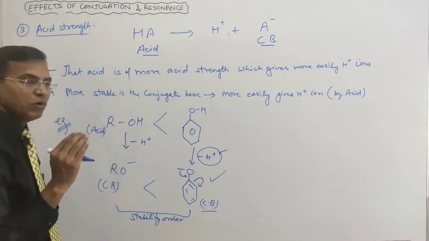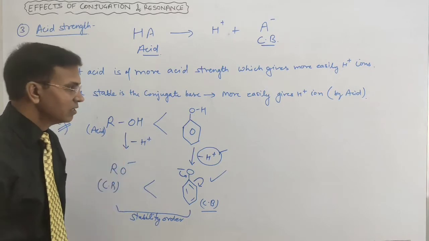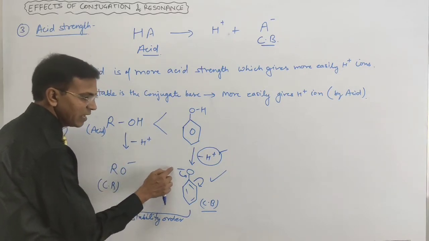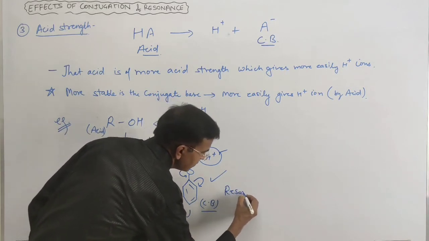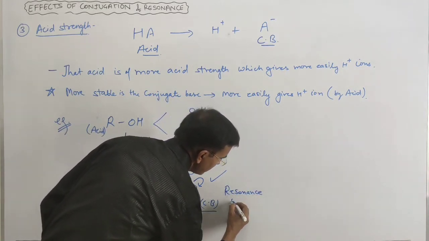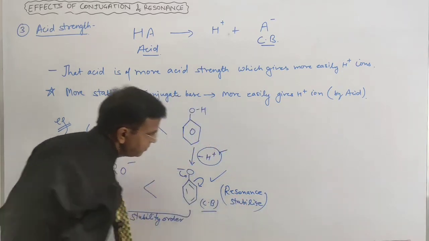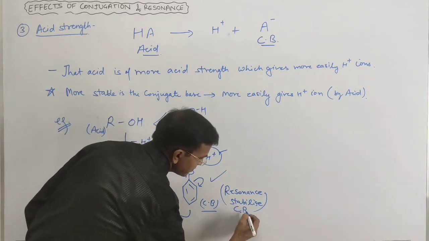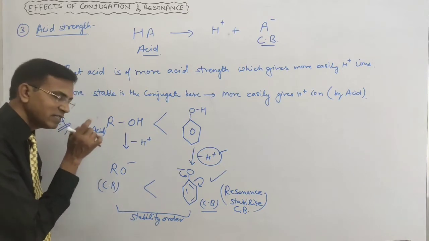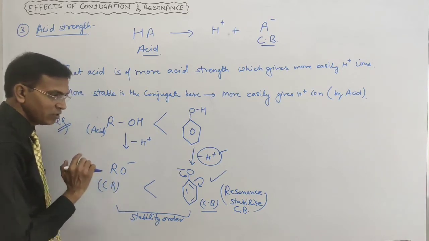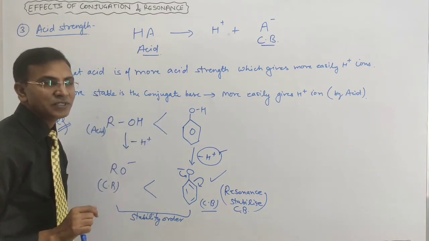The more stable the conjugate base is, the stronger the acid is. So here the conjugate base is resonance stabilized. But here neither kind of conjugation is present, neither kind of resonance is there. So no resonance. So this is more stable than this. So this is more acidic than this species.